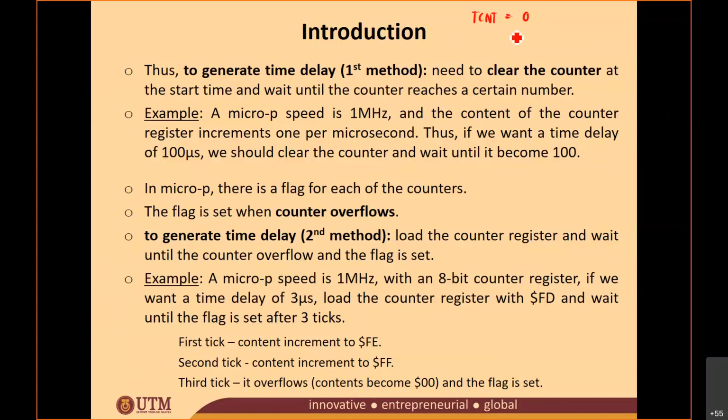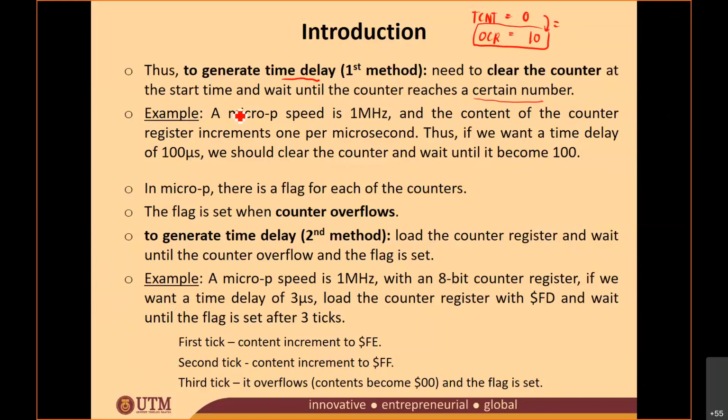For example, if you put 10 in this register, whenever the Tcnt equals 10, it means that you have already generated the time delay. So the start time and wait until the counter reaches a certain number. This is the number that you're going to set in your OCR.